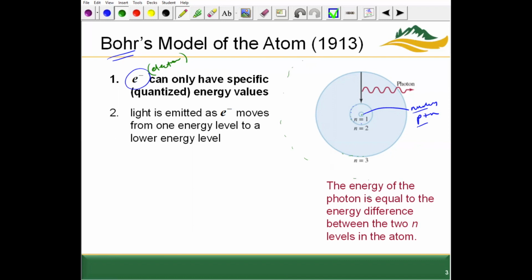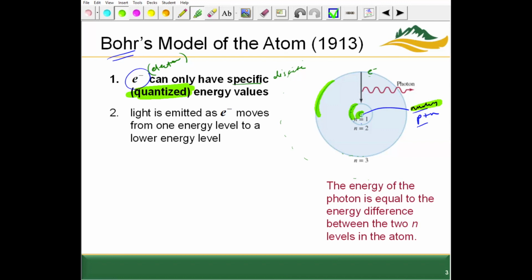These all describe energy levels that electrons can exist in. And electrons can only have specified, discrete energy values, which then comes to this term of quantized energy values. That means these electrons can only exist at these set discrete energy levels around the nucleus.